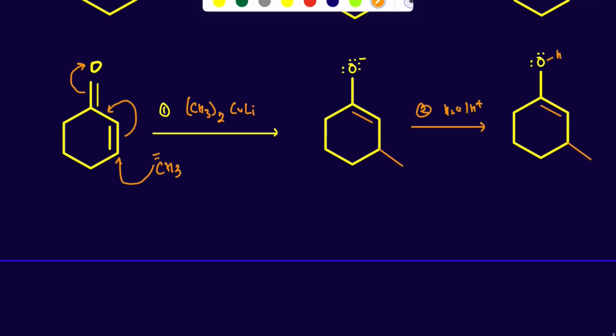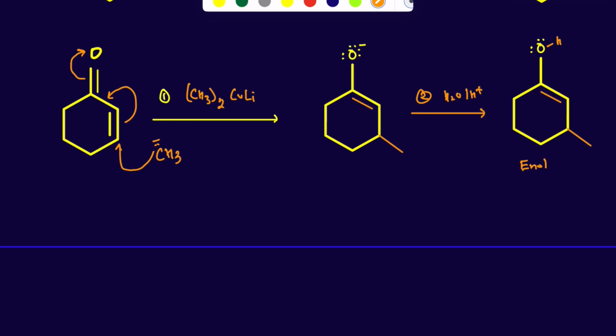But this one, if you recall this particular functional group, it's actually an enol. The enols typically are not stable unless it's like in a phenol. So as a result, you may end up getting a rearrangement there where it can tautomerize to a keto form. So what I can have here is, remember this is a 1,4 addition, but I'm not going to be leaving it like that because the enol is not that stable.